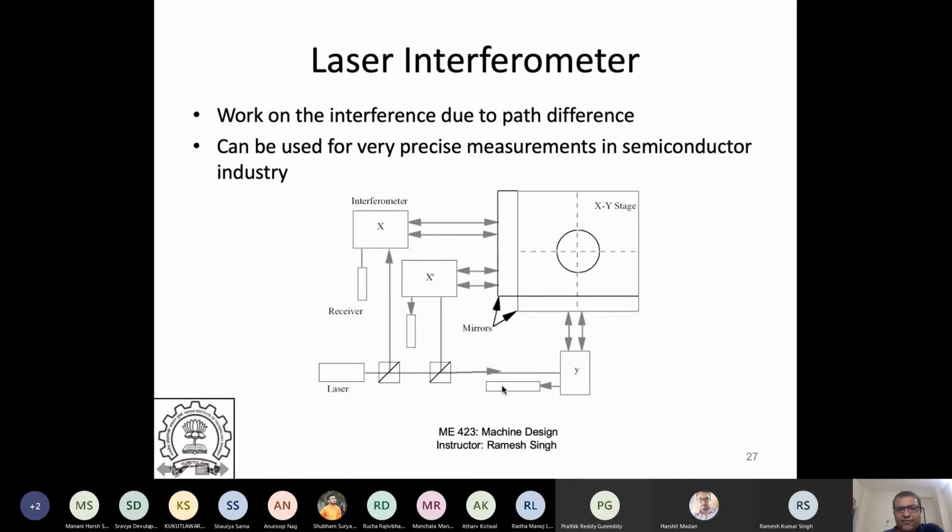If there's a distance between the two, you can precisely locate what distance has moved. Typically, you can do lambda over 4, but if you do phase shift, you can go even much lower than that. Okay.